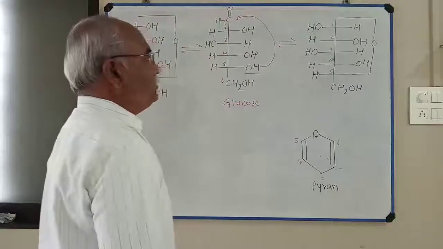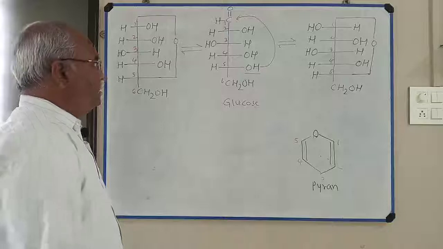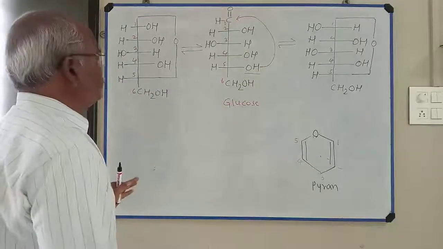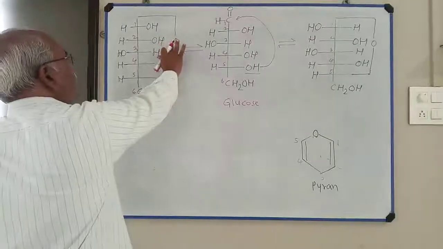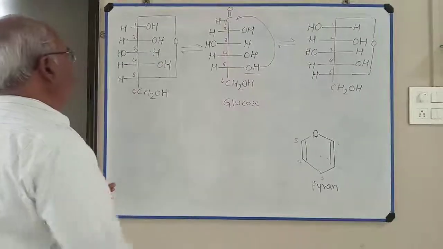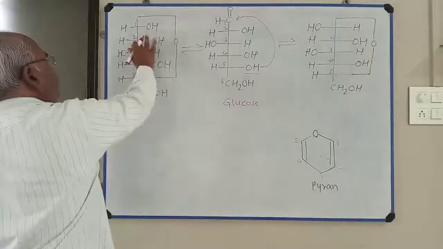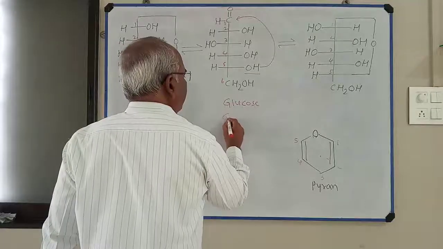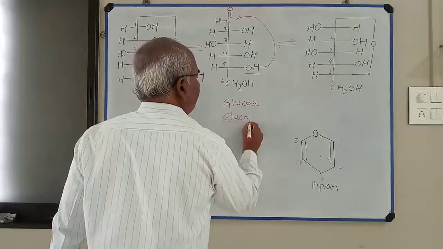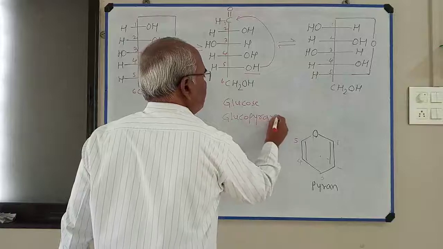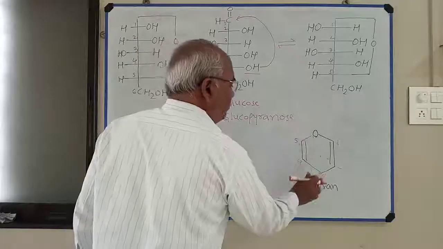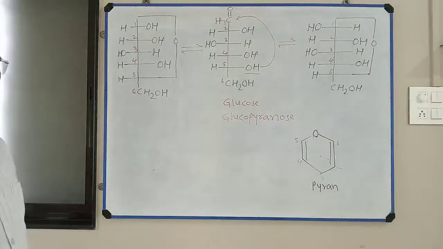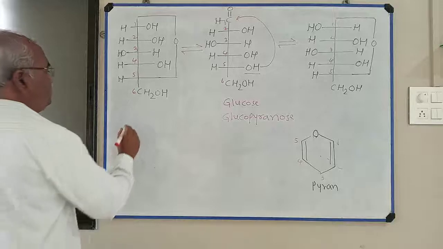This structure is called pyran and this structure is related to pyran. Here is also oxygen present in the ring and these are 5 carbon atoms. Therefore, glucose is also called glucopyranose. In analogy with pyran, it is called glucopyranose.